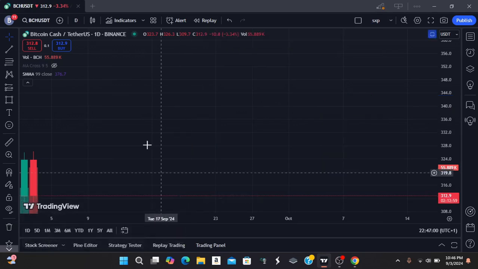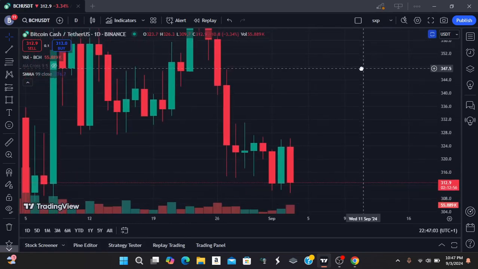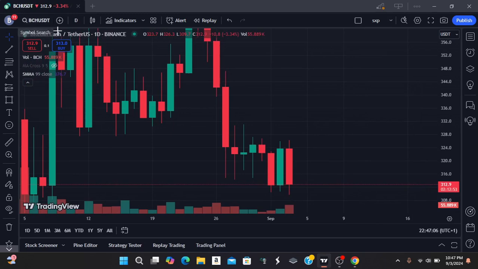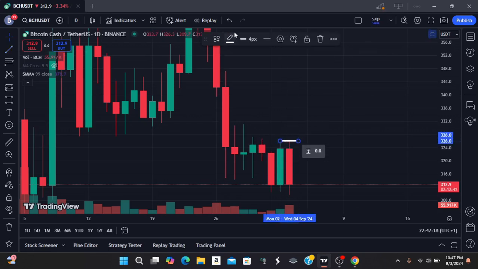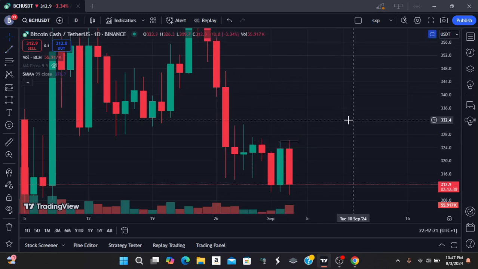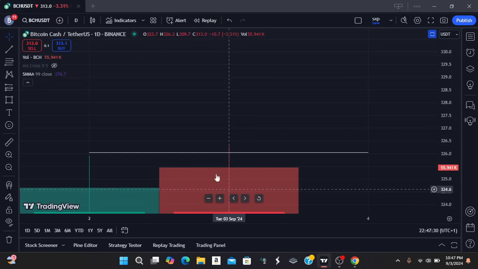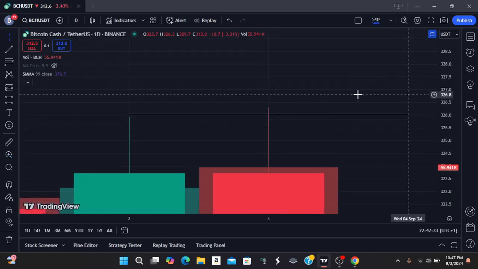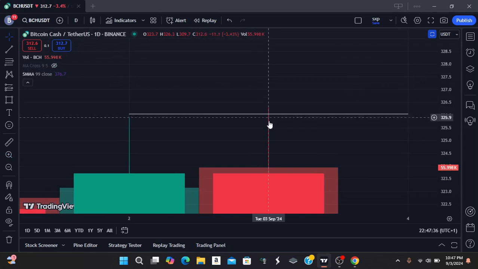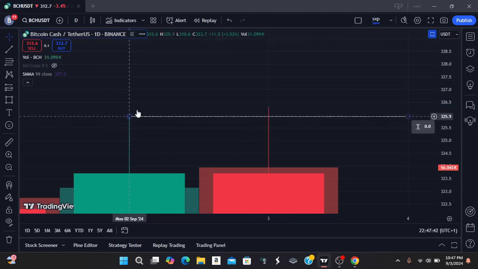All right, so we'll be looking at the Bitcoin Cash chart, which occurred today. And if you look at this chart, you'll see the previous day candle, the high of this candle. If you zoom into the high of this candle, you can see here that this bearish candle, if you look properly, at this zone the previous day high, which is here, was well swept.